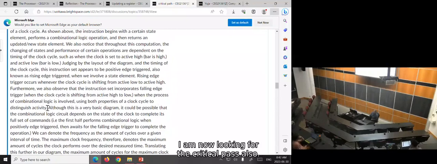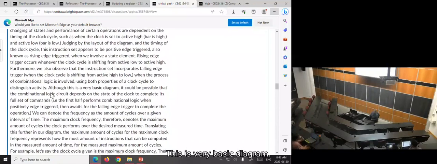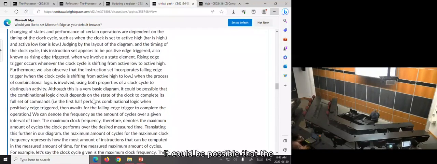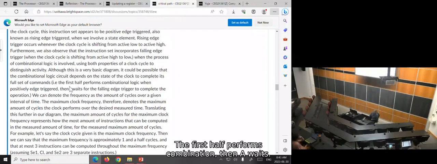I am now looking for the critical path. Also, this is a very basic diagram. It could be possible that the combinational logic circuit depends on the state of the clock to complete its full set of commands. The first half performs combination, then awaits for, no. The whole clock cycle is for the combinational logic to perform, not just the first half, the whole clock cycle.